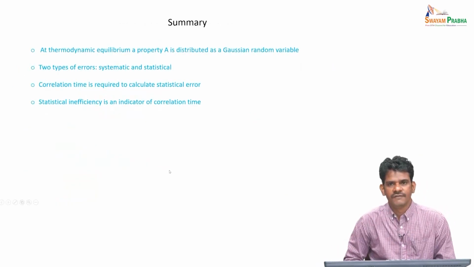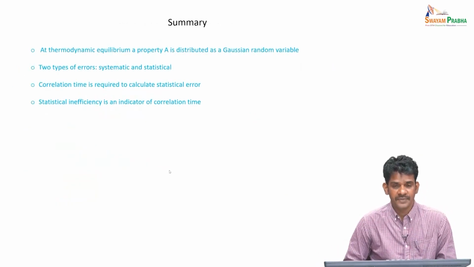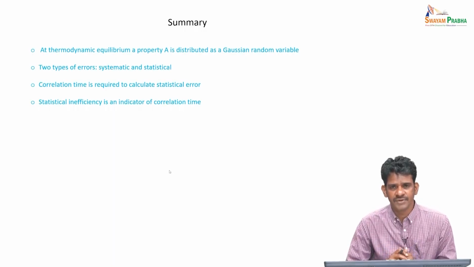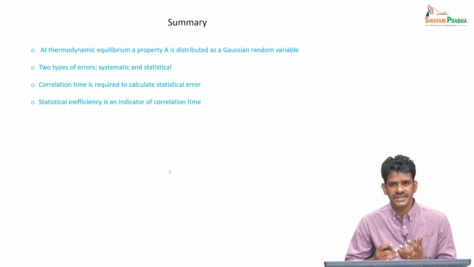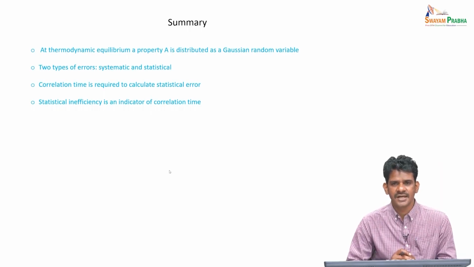So to summarize, we learned that at equilibrium, thermodynamic properties will have a Gaussian distribution, and we discussed there are two possible errors in MD simulations. One is a systematic error that comes from the way we have designed our simulations, choices of parameters and methods, system size, etc. The other is a statistical error that comes from how long we do the simulations and how many data points we use to calculate the errors.